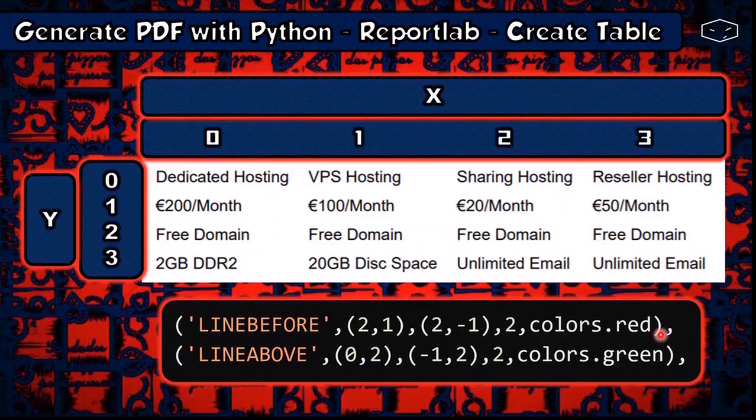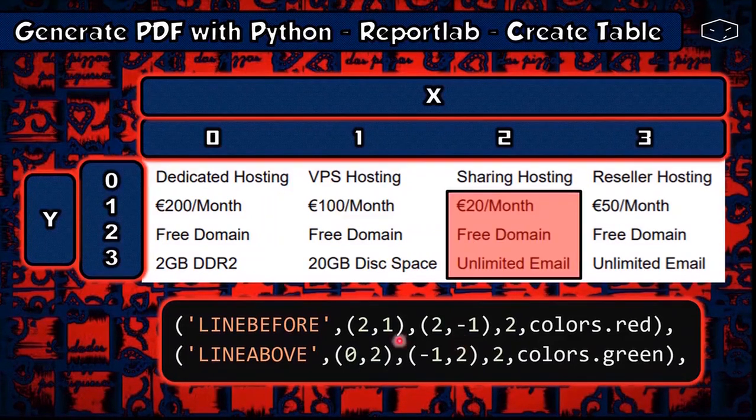For the red line, we are selecting the x equals 2 and y equals 1. So we are selecting this cell. And in the end, we are selecting the x equals 2 again and the y minus 1. So it will select a rectangle like this.